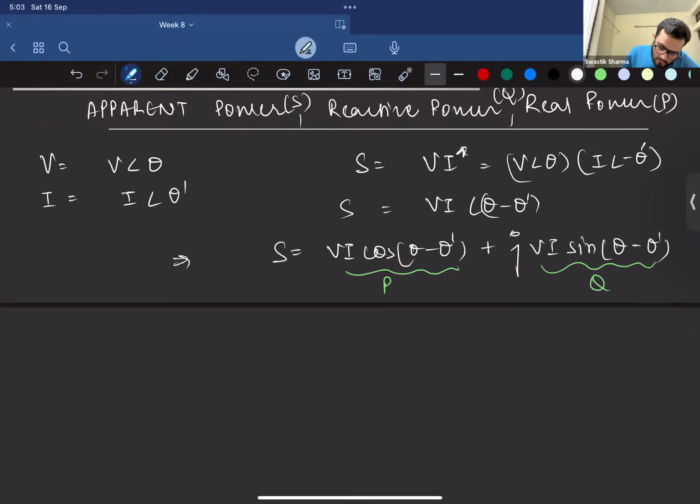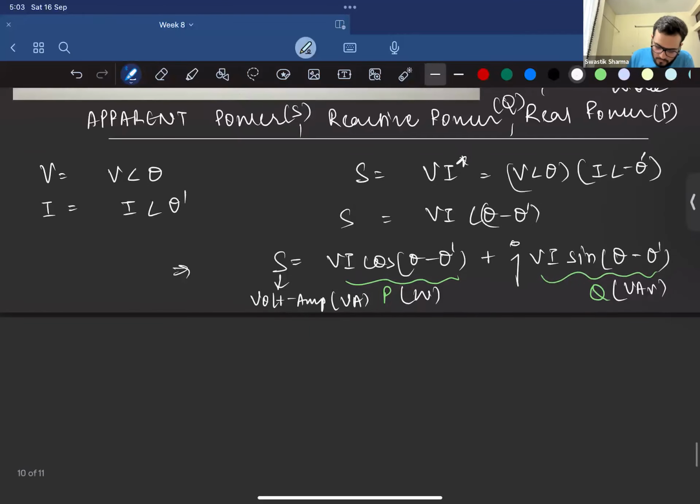Now S is nothing but, since it's VI, it's represented as volt ampere or simply VA. Real power is a watt component, represented in terms of watts, while Q is represented as volt ampere reactive, VAR. That's how we represent these three different kinds of power.